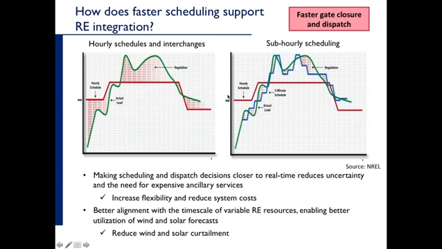But if we move to the right-hand graph, we can see what the impact is of a faster dispatch. So let's walk through the graph real quickly here to get our bearings. The x-axis is exactly the same. This represents time. The y-axis is the same. The green trace that shows demand or net demand is exactly the same on the right as it is on the left.